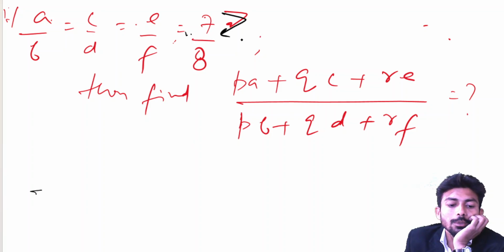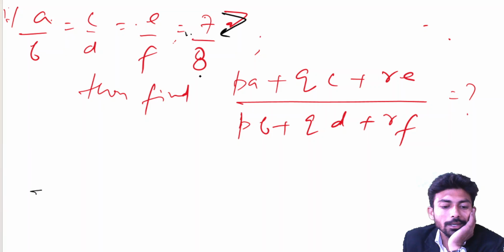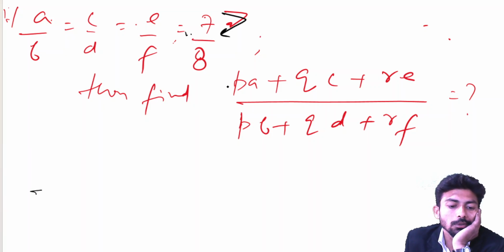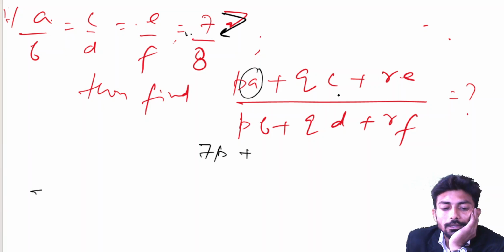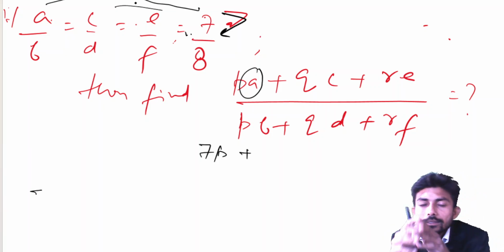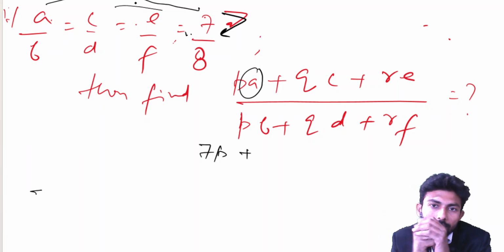So the answer for this will be the same as the one given to us, like 7 by 8. So how should we approach such a problem? See, I know that this is A here, so I can directly substitute A as 7, like 7P. I can substitute for C again 7, because these are the respective values of the respective ratios. For A, C and E, that is equivalent to 7 units.